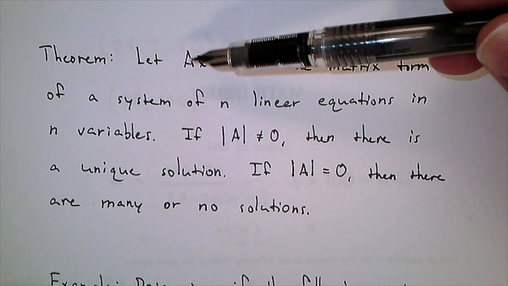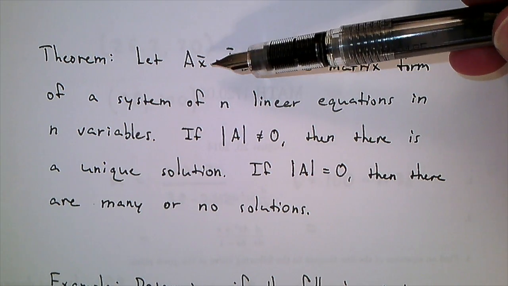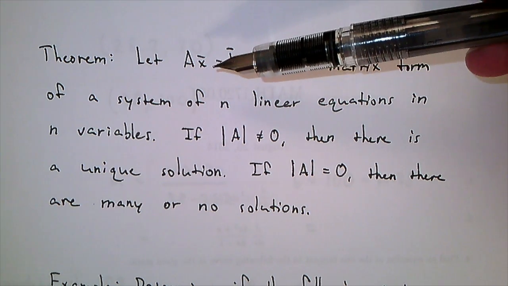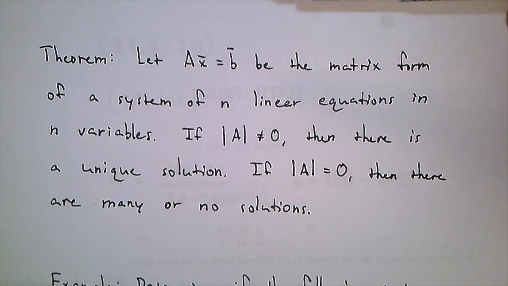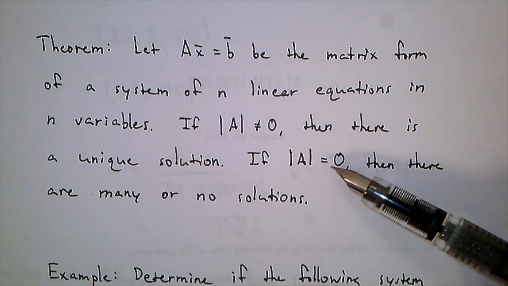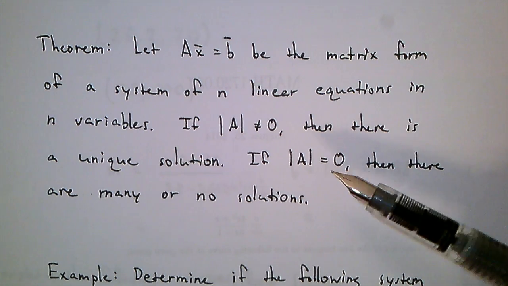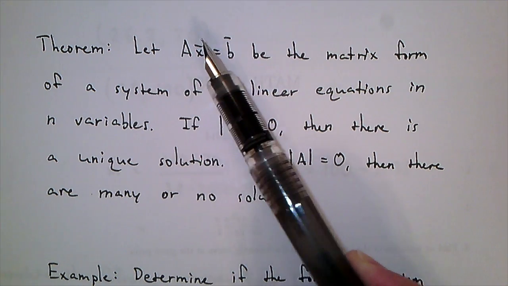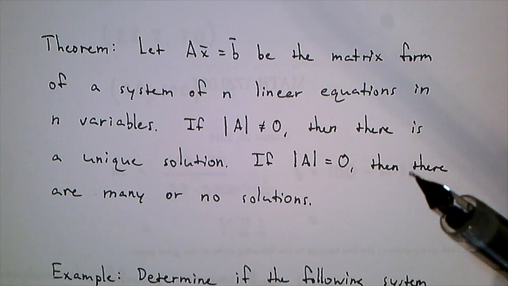What this does for us is cancel off the A, and then we get x is equal to A inverse times B. So it actually gives us a formula using the inverse for the solution. And if the determinant of A is 0, that means A is not invertible, and there actually isn't any way to just cancel off A. So that's why there are many solutions, or possibly no solutions.